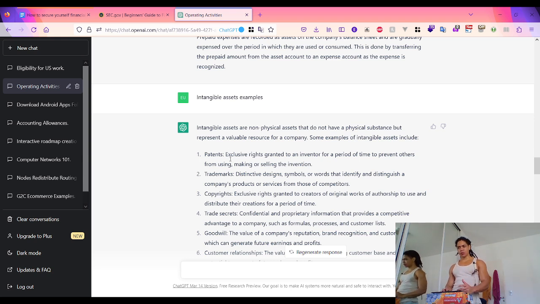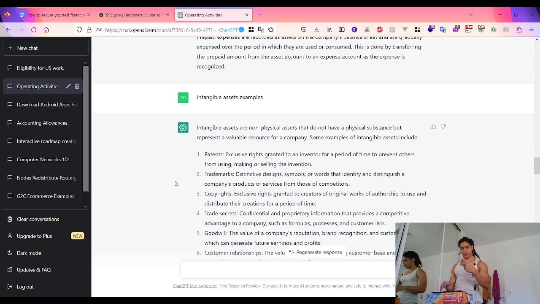Again, the subtle difference between the patent and the copyright is that patents are exclusive rights granted to the inventors, so no one else can use, make, or sell that invention over a period of time. And now copyrights are exclusive rights granted to the creator of original works. So one is for inventors and the other is for creators of original works, according to ChatGPT.